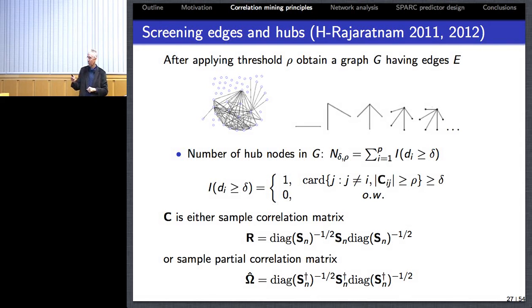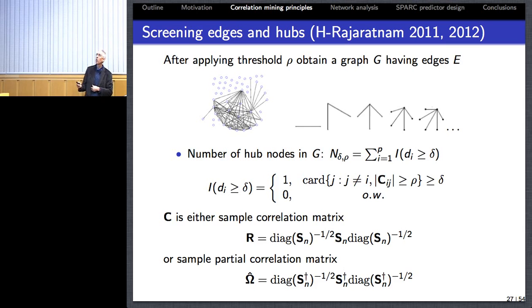So for example, you might be looking for nodes that have degree greater than 10. So you can screen for nodes, for biomarkers, that are connected at some level of correlation to more than 10 other biomarkers, right? That's hub screening.